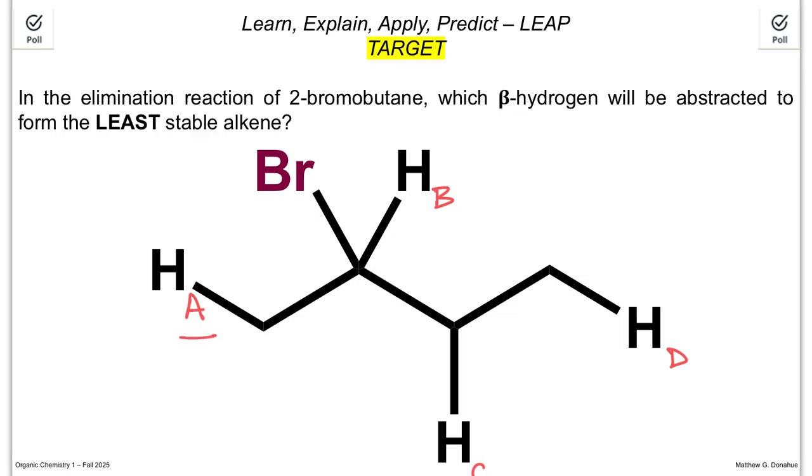So it's going to be A. So we haven't pushed the arrows yet, but I've said you're always forming a double bond between an alpha and a beta carbon. So without pushing the arrows, we know that we have to draw the double bond there. And so that is going to be the alkene when we do that elimination. And so that's mono-substituted.